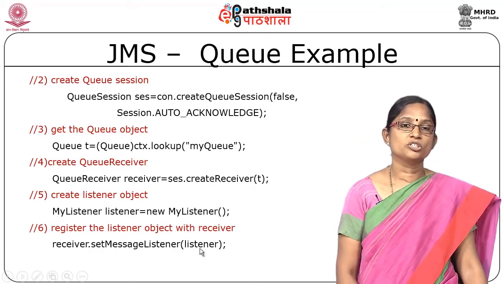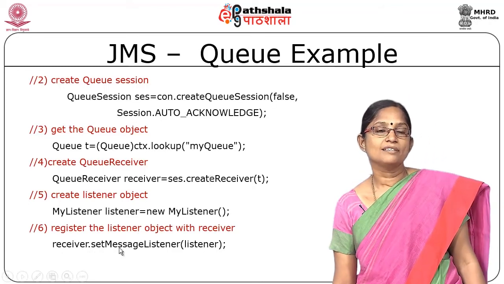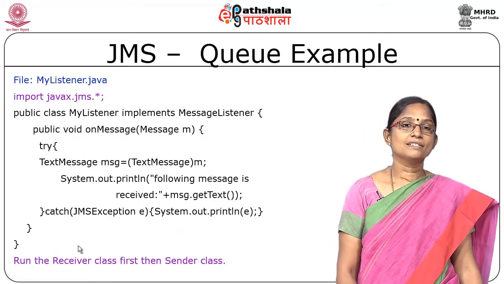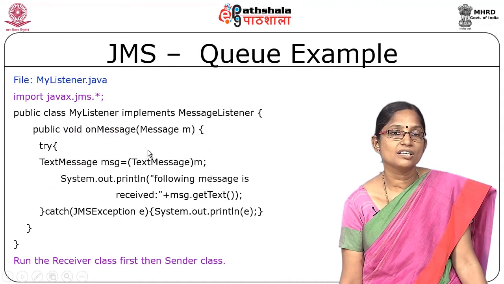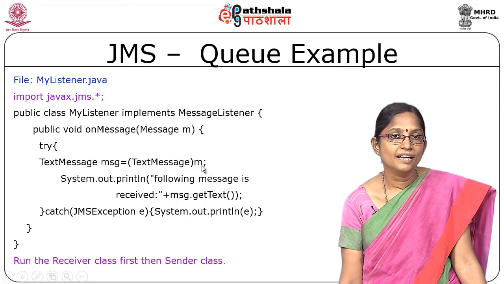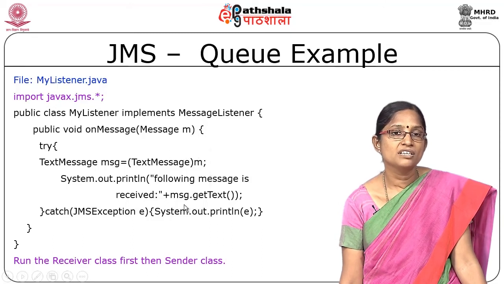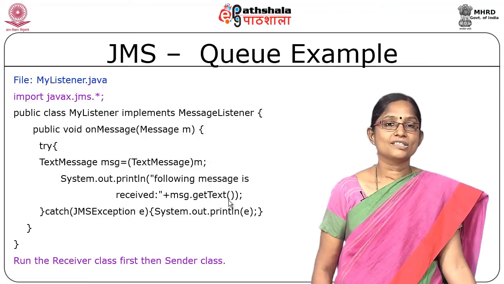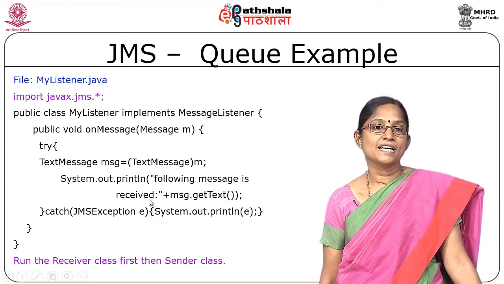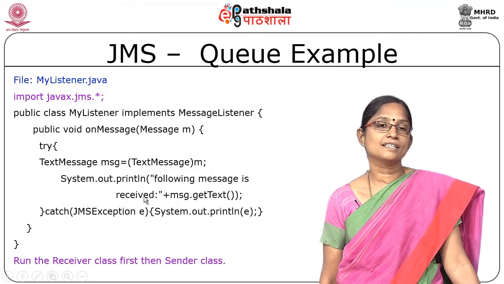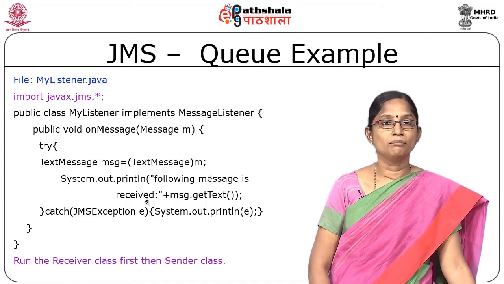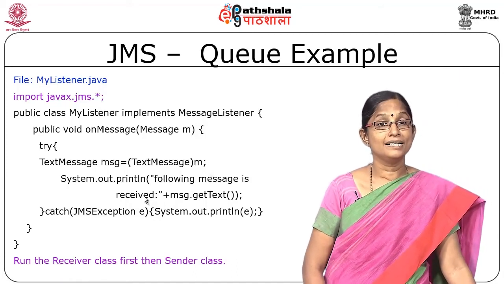Through setMessageListener, the handle for the receiver object is passed on, and it is received through the variable m, which belongs to the Message type. There the m has been passed on to msg. From the msg we are getting the text, calling the getter method to extract its text. Once the text has been extracted, the text has been displayed. In order to make this implementation into a runnable version, first we have to run the sender class.